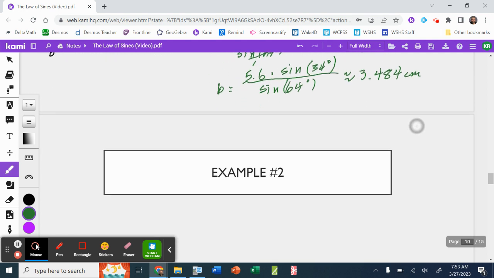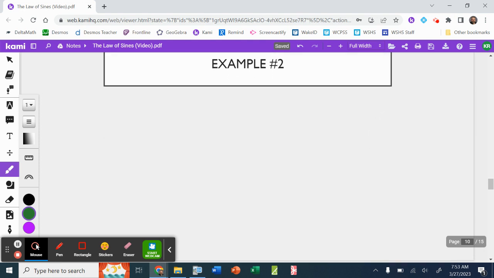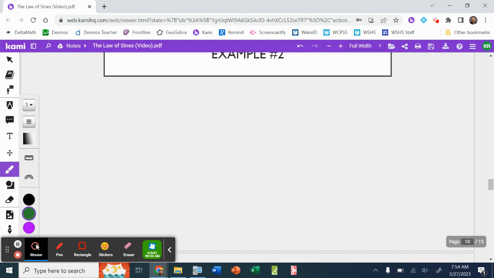All right, now to go on to find side C. Now, I recommend using either a ratio that you were given, or anything in a triangle that's missing, or something that was easy to calculate, like the angle A, because it was precise, it's not rounded. So to find side C, I'm going to start again with my ratio of side A. So that was sine of 64 degrees, because we found earlier that angle A was 64 degrees.